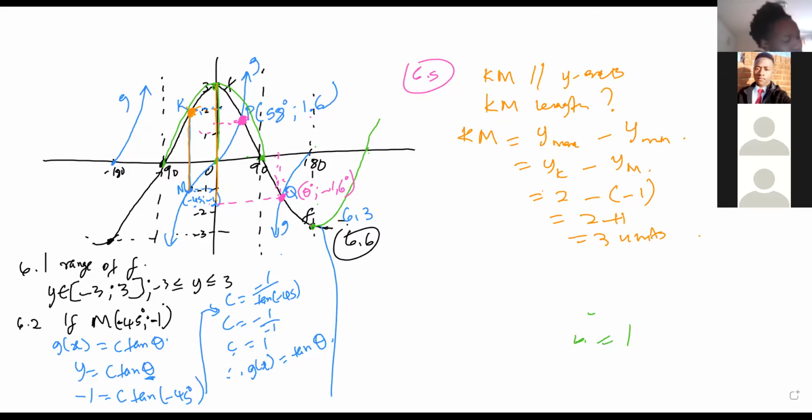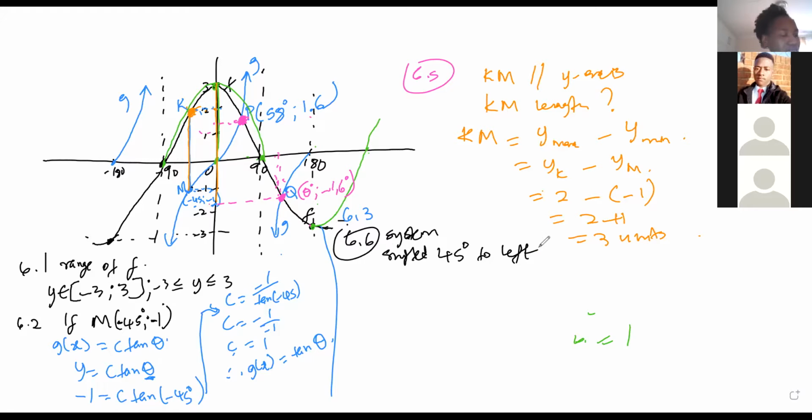Okay, so 6.6, they say if the system of axis is shifted 45 degrees to the left and the graph remains fixed, write down the equation that is now represented by graph F.